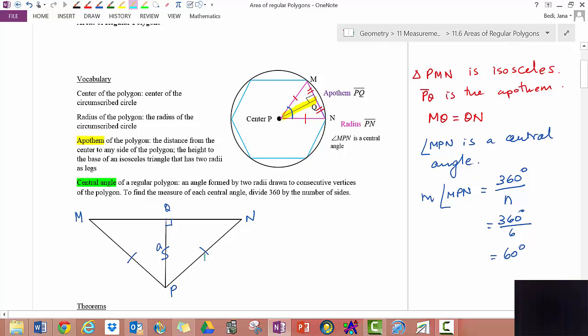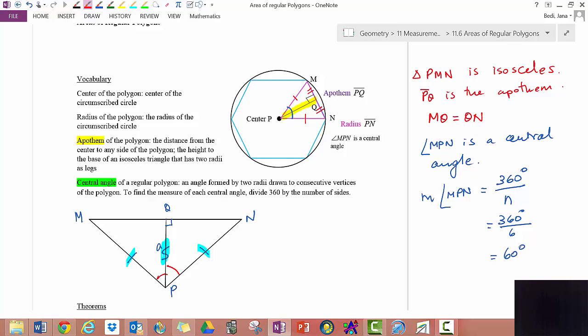This is the hypotenuse, and this is the common leg. So those two are congruent. Therefore, it follows by CPCTC that these angles are congruent. What you need to take away from this is that the apothem of an isosceles triangle that is part of a regular polygon divides that center angle into two congruent halves.